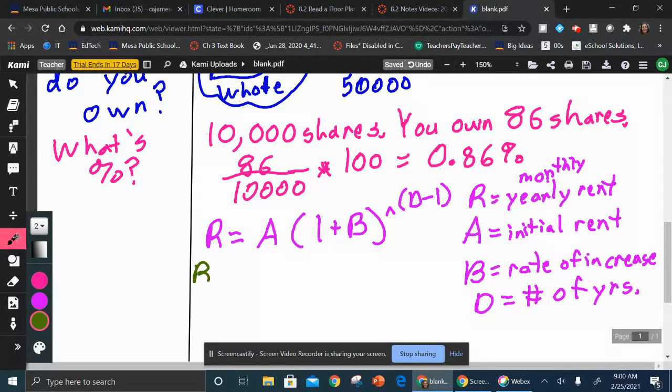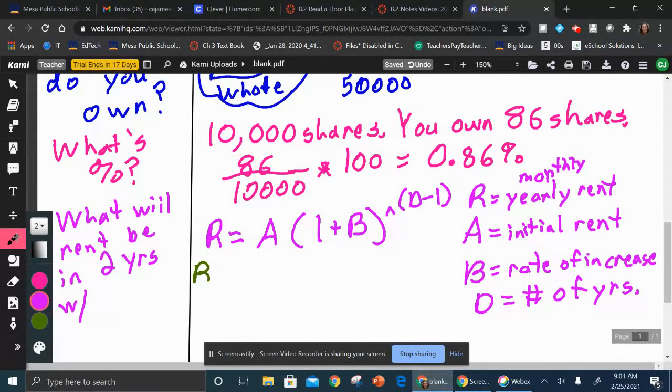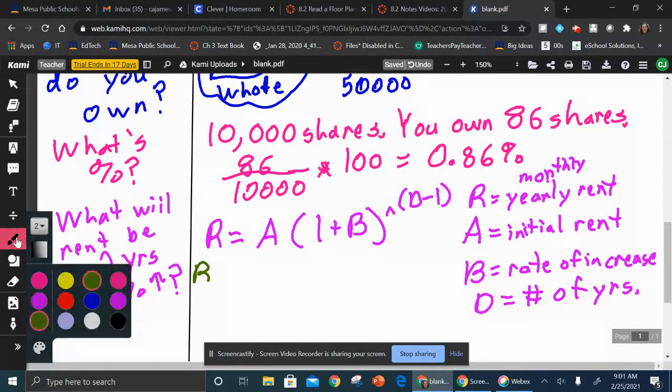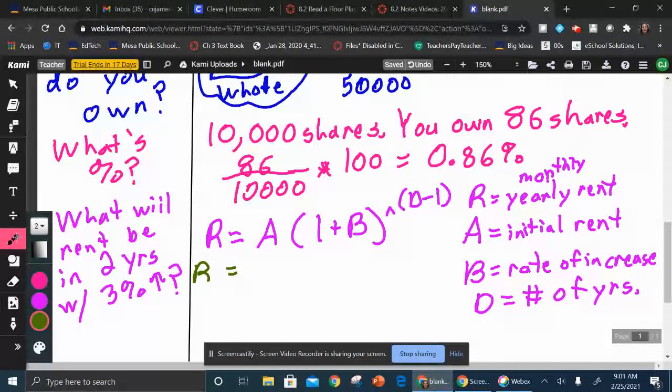Okay, so we got this, everybody. So we have R is equal to, okay, so let's say everybody, the question that we're trying to answer is what will be the rent in 2 years with a 3% increase? Okay, so let's go ahead and figure that out. So we're paying $620 in rent. 1 plus B, remember, is the rate of increase.